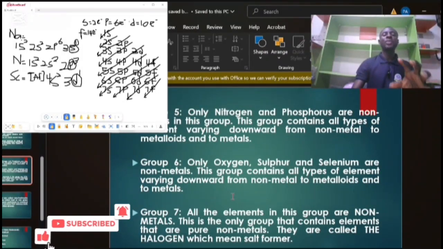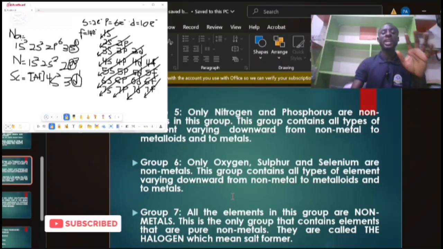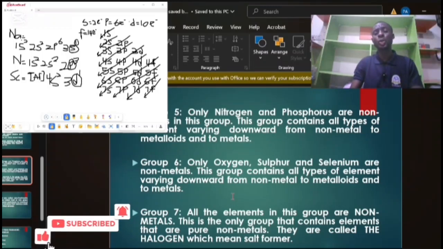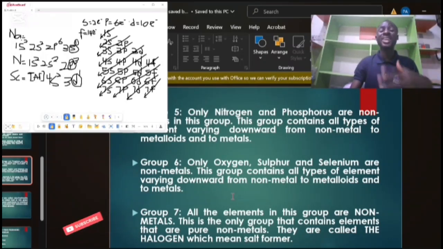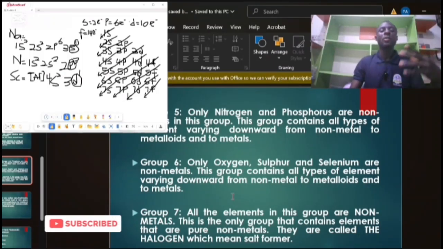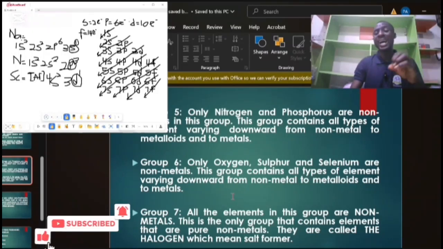Let's go to group 5. Only nitrogen and phosphorus are non-metals in group 5. As you go down the group, you are moving from non-metal to metalloid and to metals. The most prevalent elements in group 5 that we talk about are mostly nitrogen and phosphorus. For group 6, we have oxygen, sulfur, and selenium.